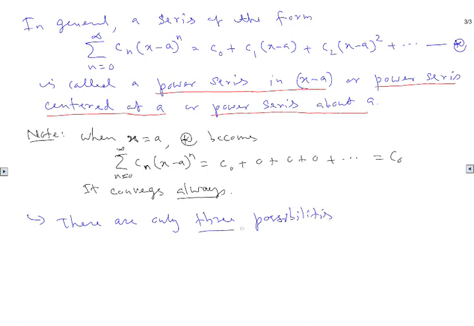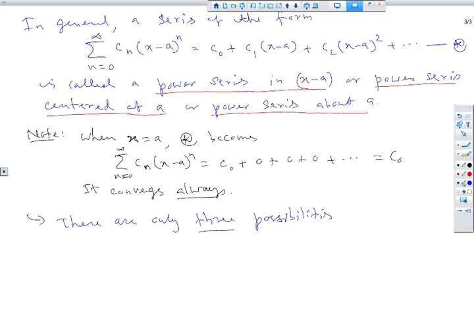So let's put them in a theorem. This is actually the most important theorem in power series. So let's look at that. We're going to consider this as a theorem: three possibilities.